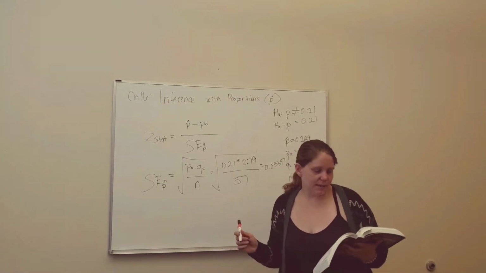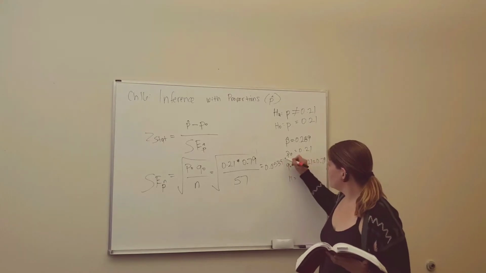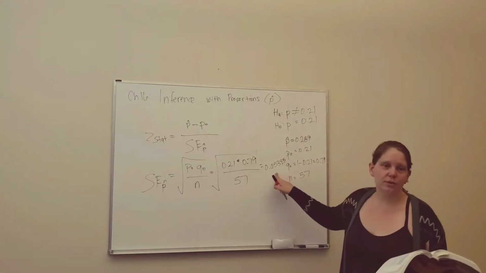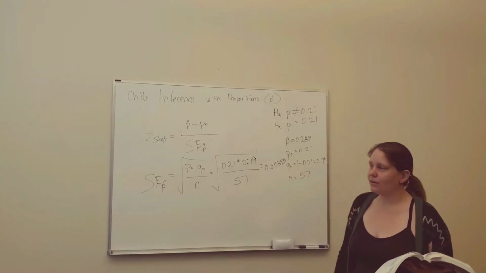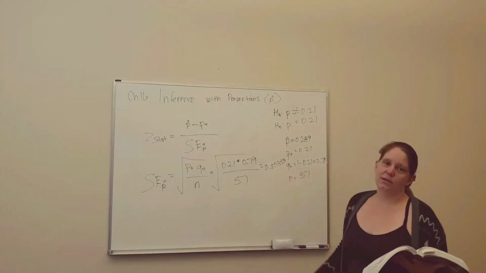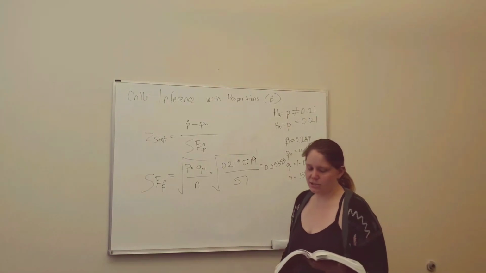I highly recommend working to at least 4 decimal places to ensure that your data is accurate. If you only round to 2 or 3, you're going to have some rounding errors in your calculations.